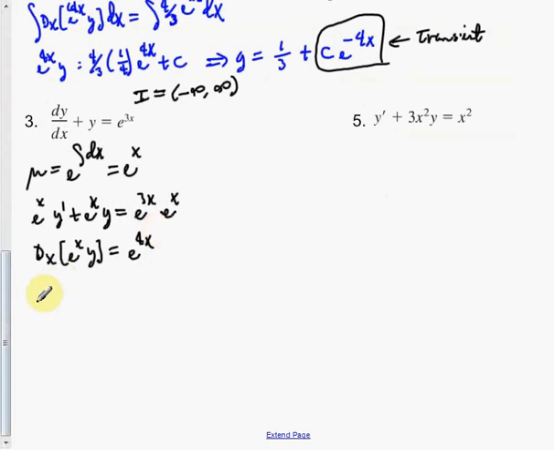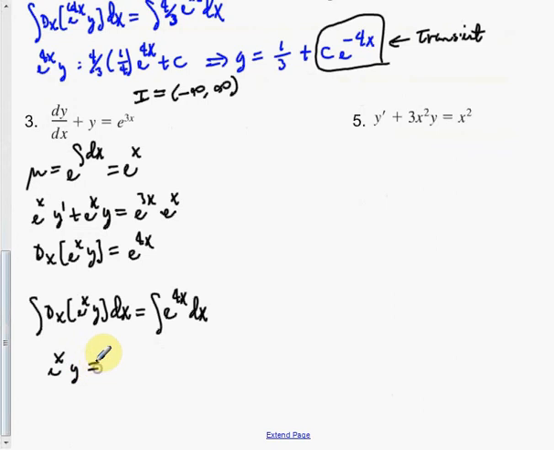Integrate both sides. The left side is just e to the x times y. And the integral of the right side is just 1 over 4 times e to the 4x.